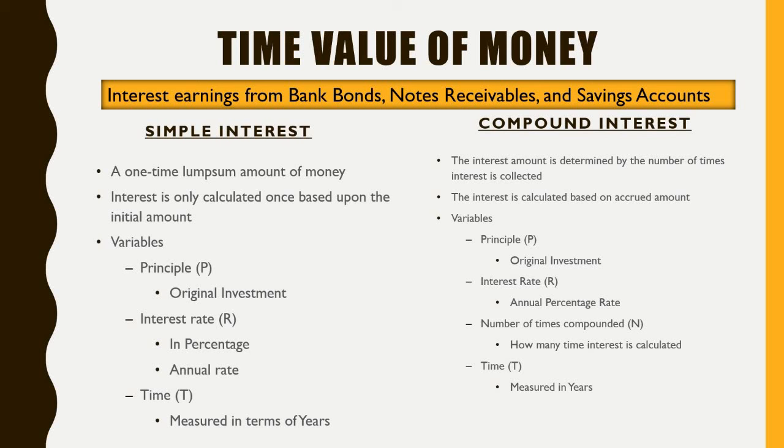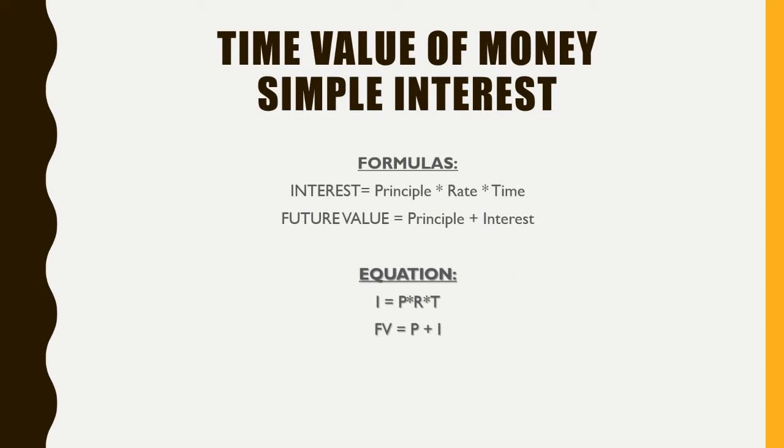So once again, in this case, it's the same exact components except there's one additional component, and that is n, which is the number of times compounded, meaning how many times you're going to be calculating interest. So let's take a look at our very first one, which is simple interest. Here is the equation and here is the formula. The equation is interest is equal to principal times rate times time.